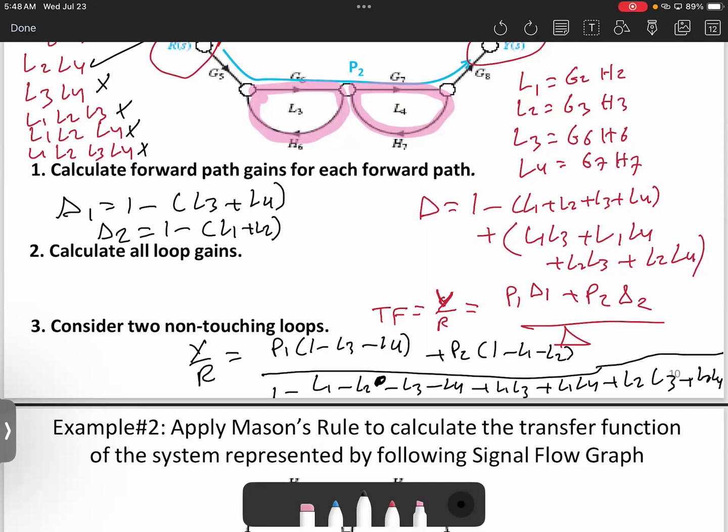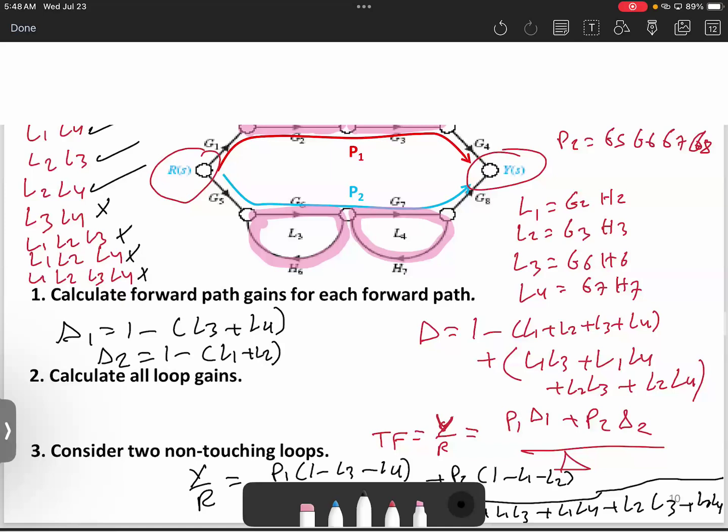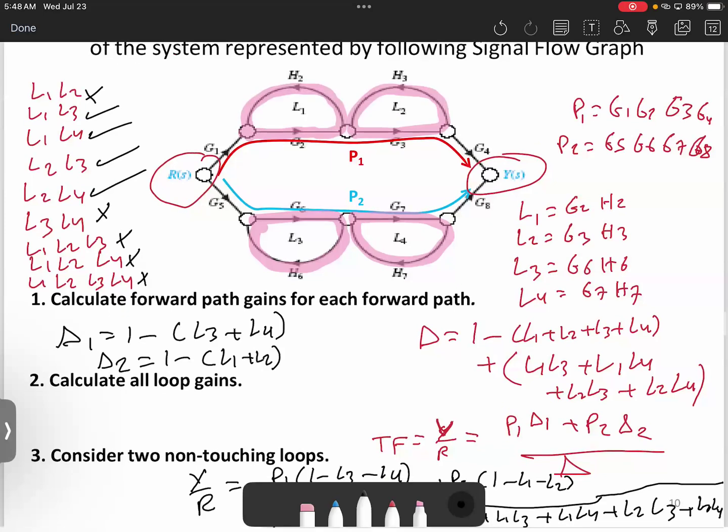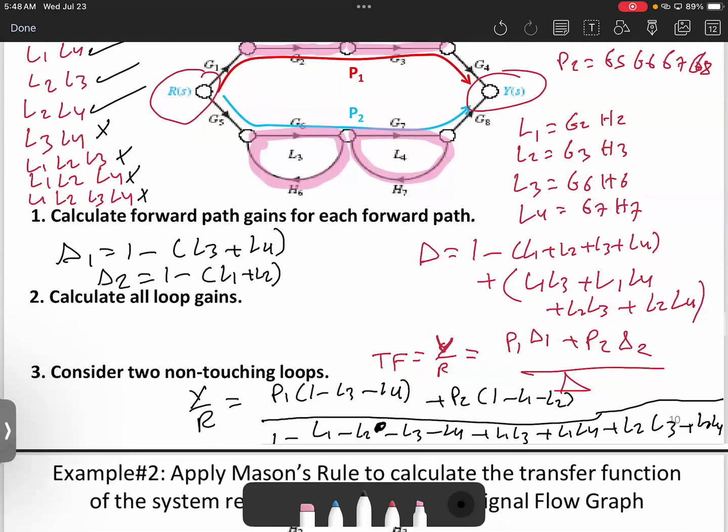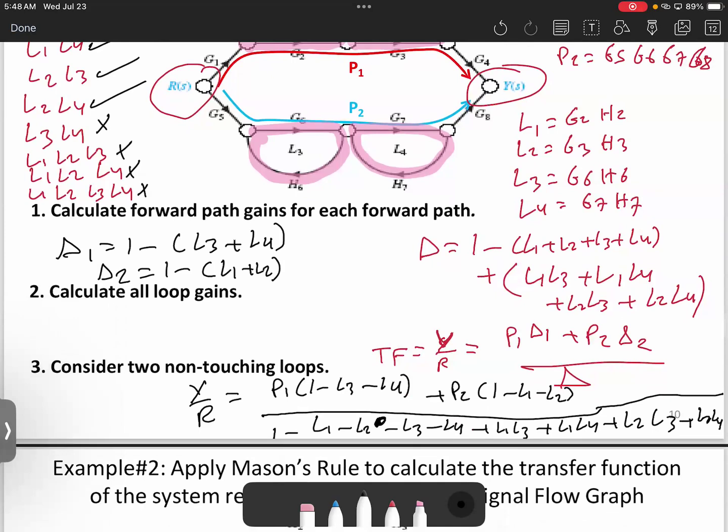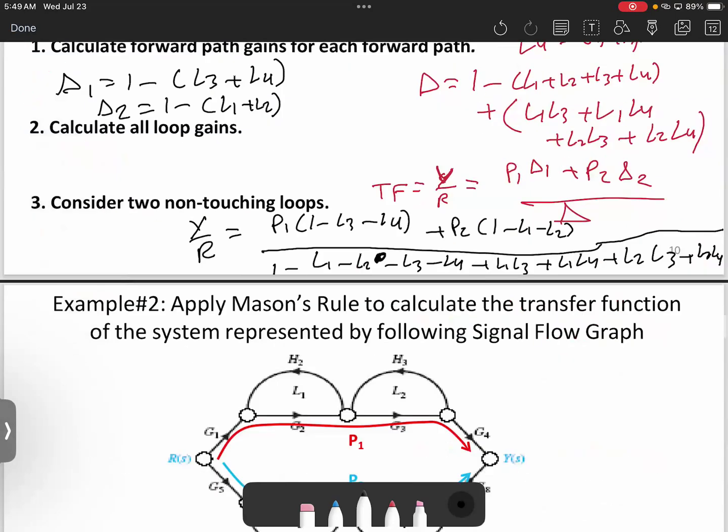After that, substitute the values: P1 with G1, G2, G3, G4, P2 with G5, G6, G7, G8, L1 with G2 H2, L2 with G3 H3, L3 with G6 H6, and L4 with G7 H7. This will take a lot of time.